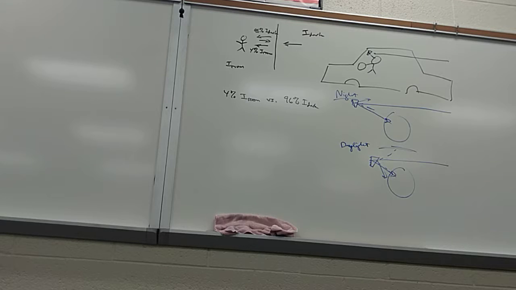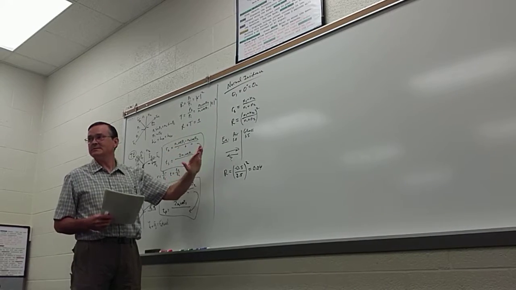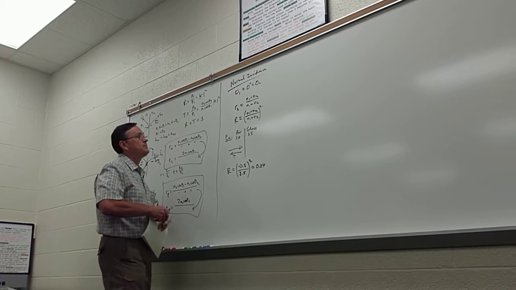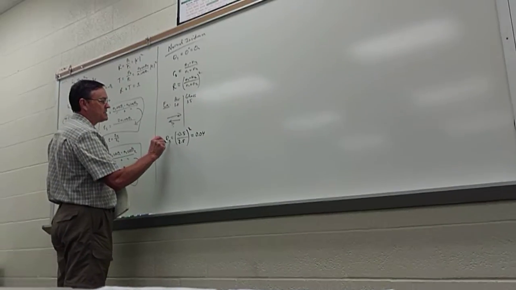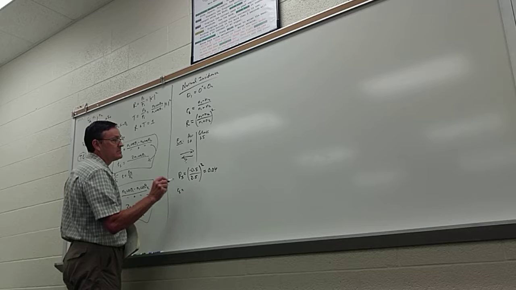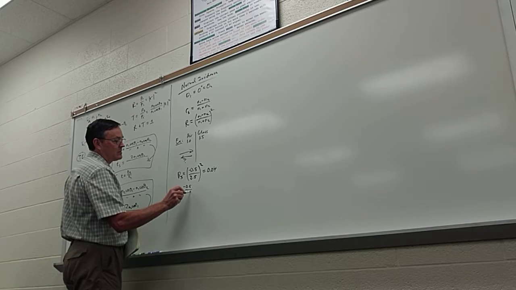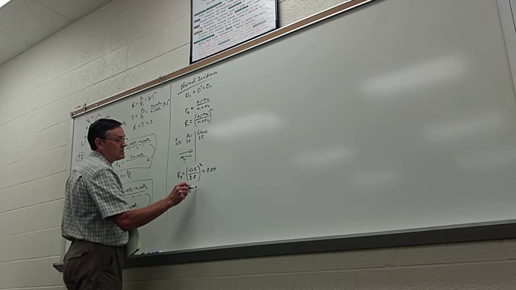So can I say that I have TE light? Sure. Maybe. Will it be any different than TM? No, it can't be, because there's no plane of incidence. But if I calculate RS, and I should subscript this with an S, then that's minus 0.5 over 2.5, which is minus 0.2.